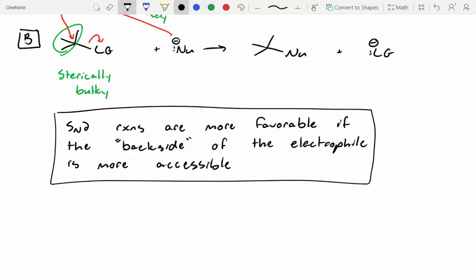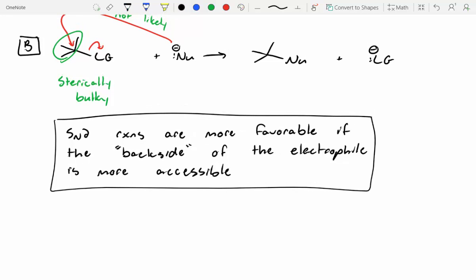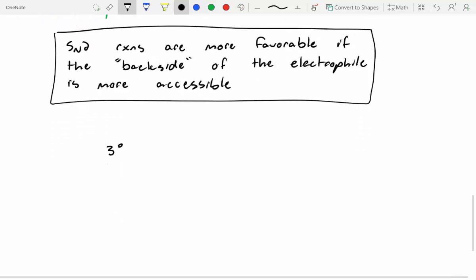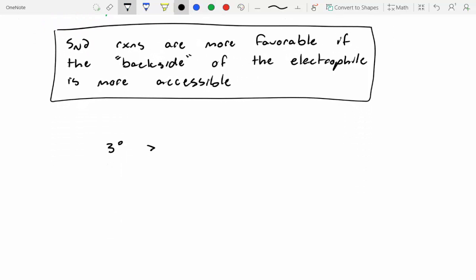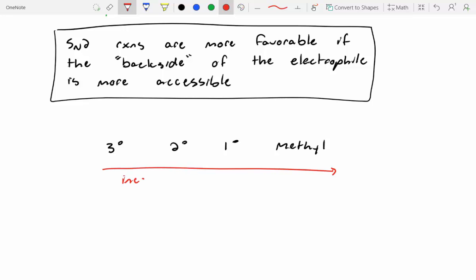And just like with SN1, we could say, all right, well, now we can kind of classify our electrophile as primary, secondary, tertiary. So let's do that again. So I've got tertiary here. We know that in general, we've got secondary, primary, and methyl. We know that in general, these have increasing amount of backside exposure, so to speak.